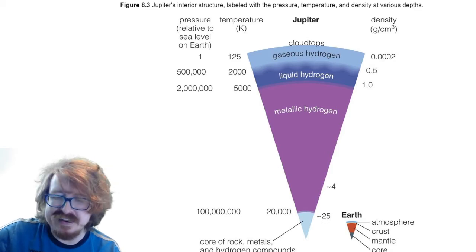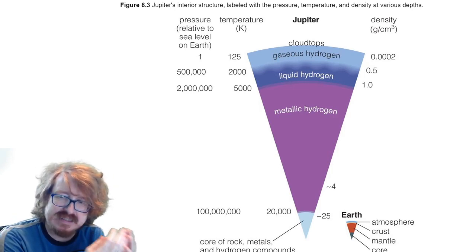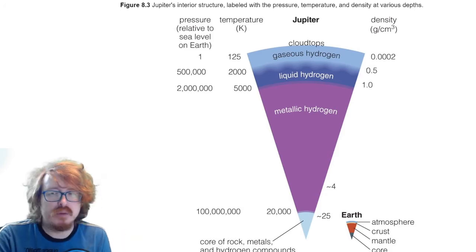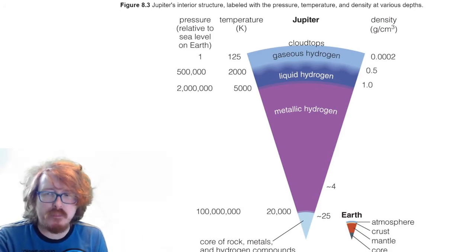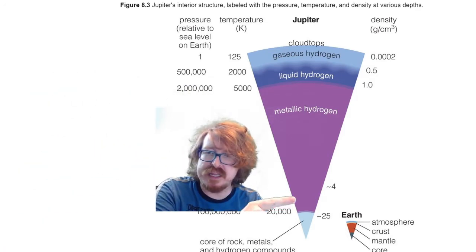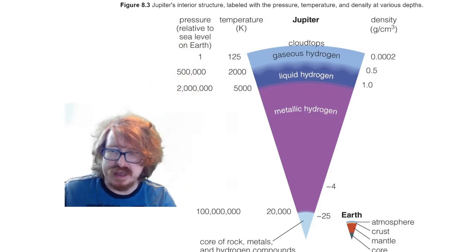The core of Jupiter is bigger than the Earth. So it probably has at least a little bit more rocky material than we have. But remember, it's still mostly liquid and gas because the rest of this, from here all the way up, is all liquid and gas. Okay?